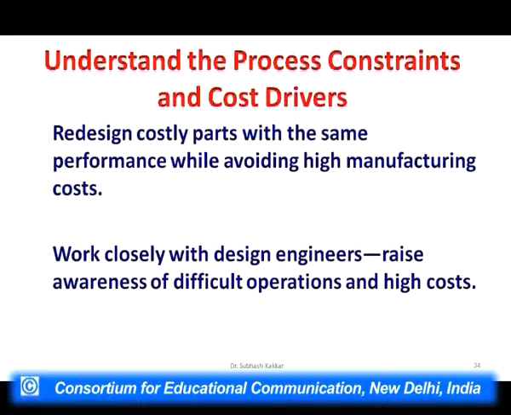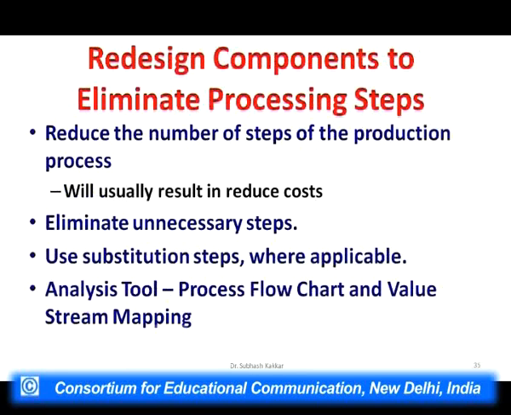Understand the process constraints and the cost drivers. Redesign costly parts with the same performance while avoiding high manufacturing costs. Work closely with design engineers, raise awareness of difficult operations and high costs, and then come up with a design which uses less cost to manufacture.